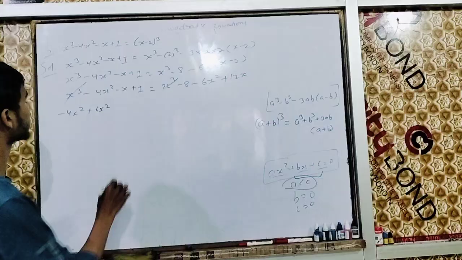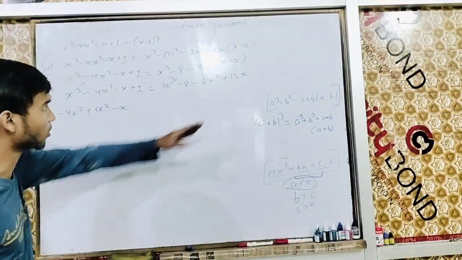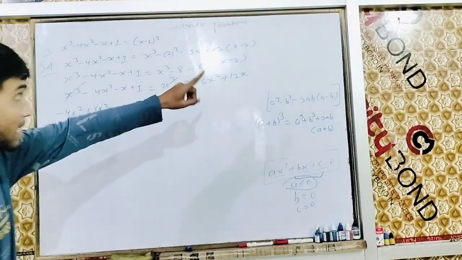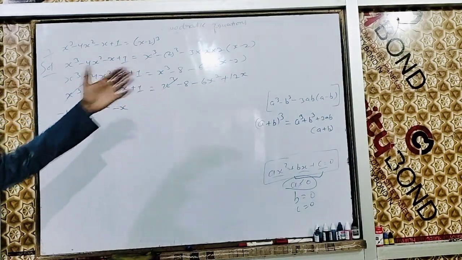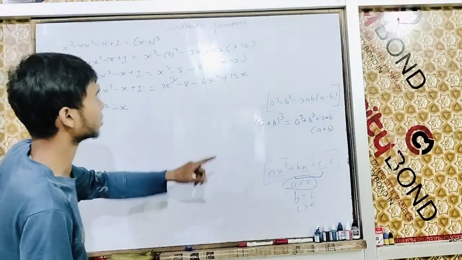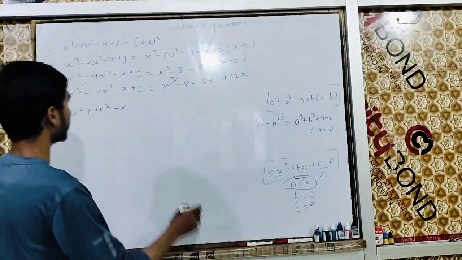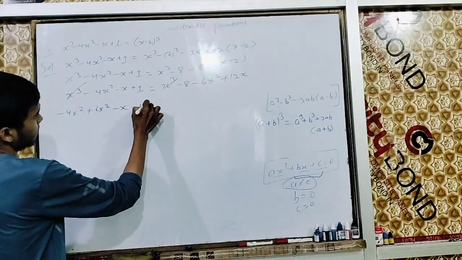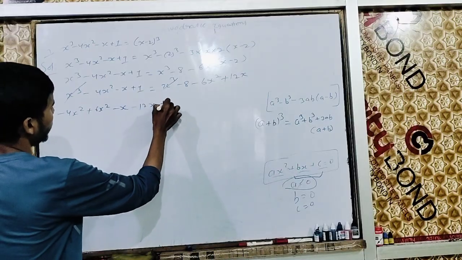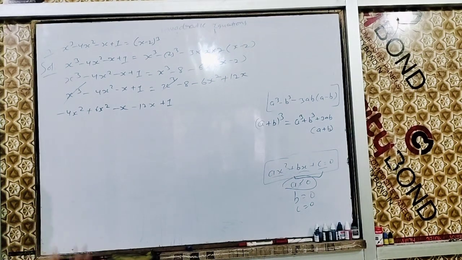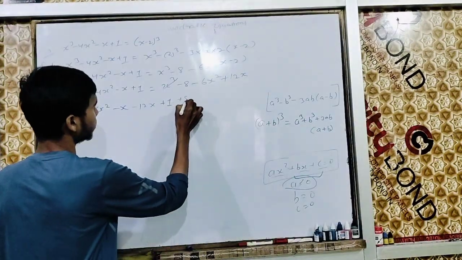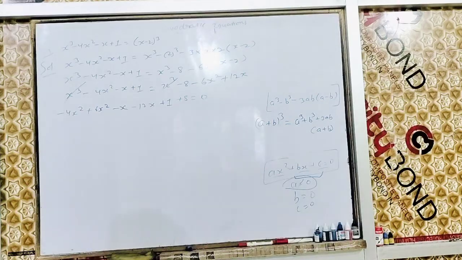Then we have minus x. Here you can see we have 12x, but it is negative. No, it is positive. When it is brought to this side, its operator will change itself, so it will become minus. Now here we have only 1. Then here you can see we have minus. It will become positive, and this would be equal to 0.